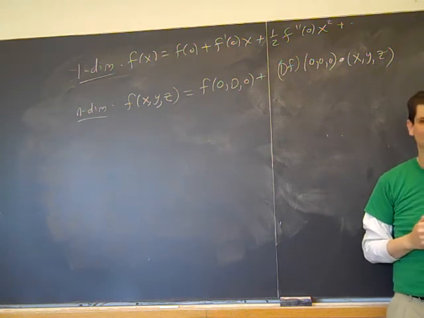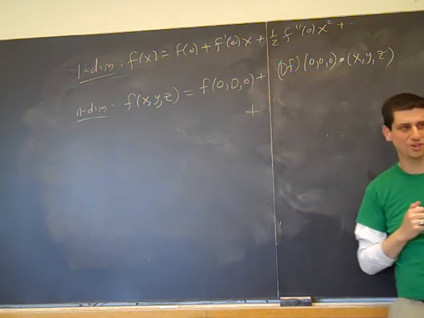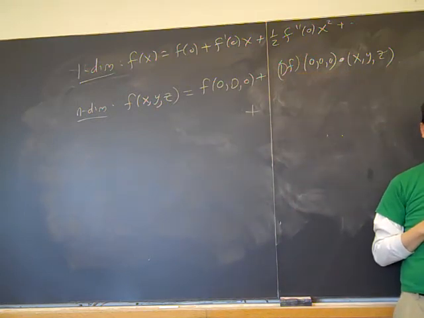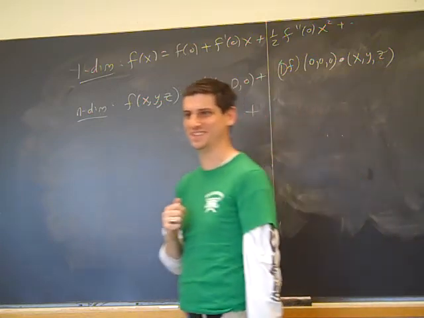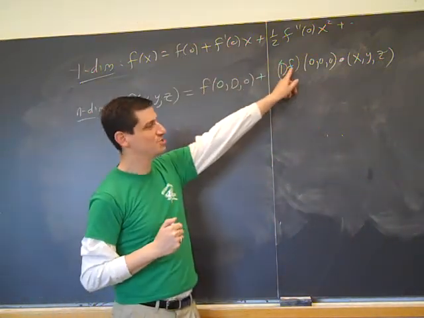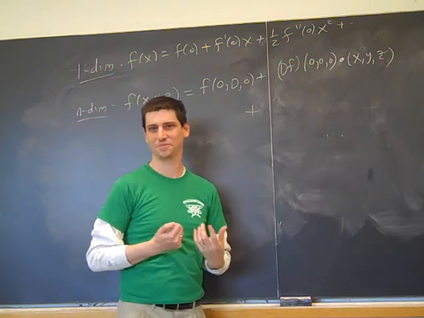Now things get worse. And you'll see why we're only going to do second order Taylor in several variables. What comes next? The double gradient. The gradient's gradient. So the first is called the Jacobian. The next one is called the Hessian. It's actually a matrix.